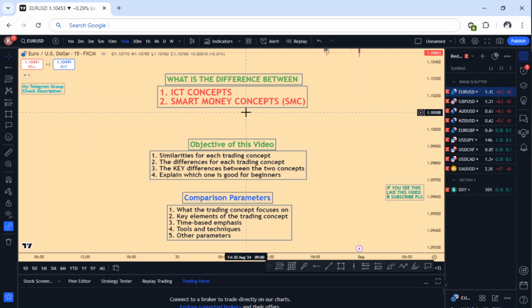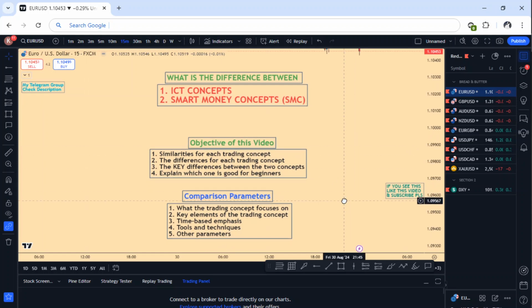Now, what is the objective of this video? I will explain with example the similarity for each trading concept. I will explain with example the key differences also, and then I will explain which one is good for beginners, which one is beginner friendly, in other words.